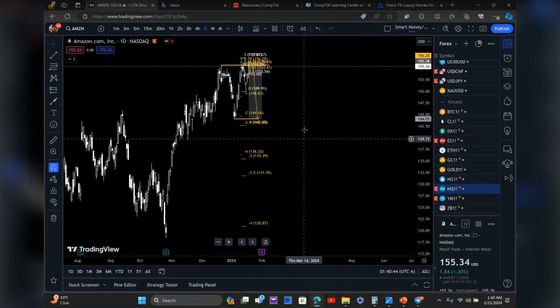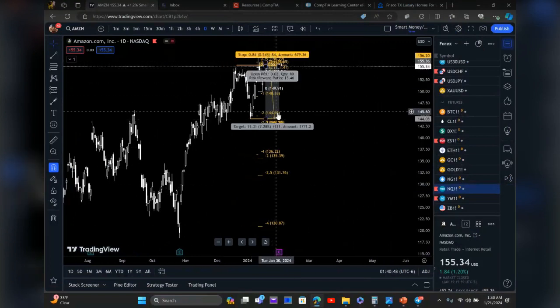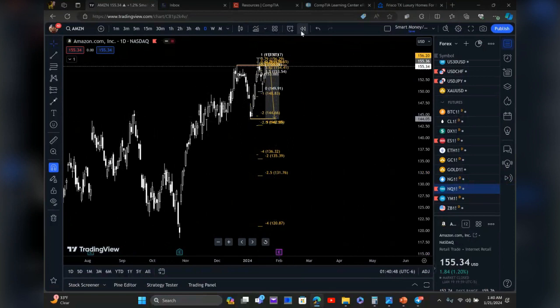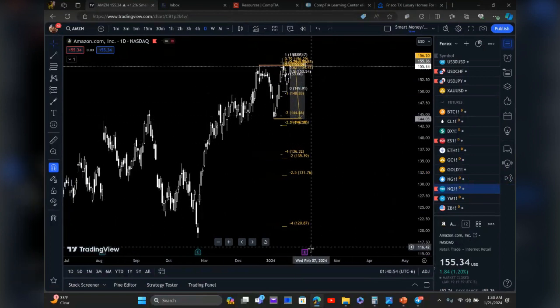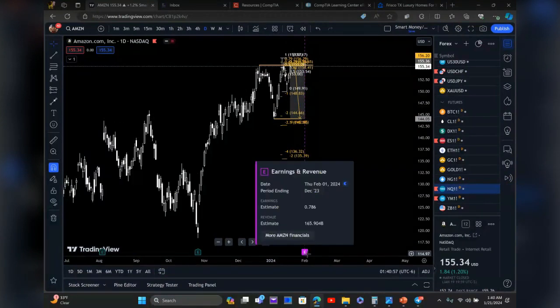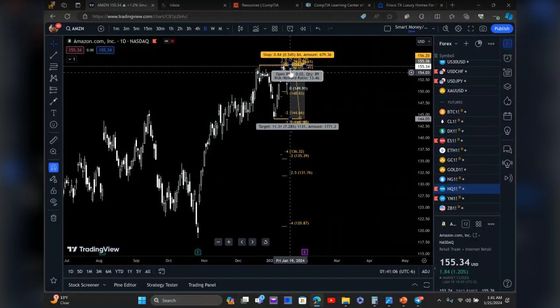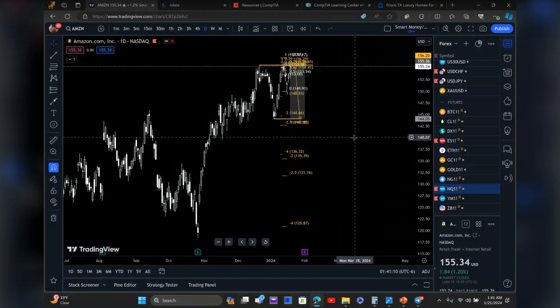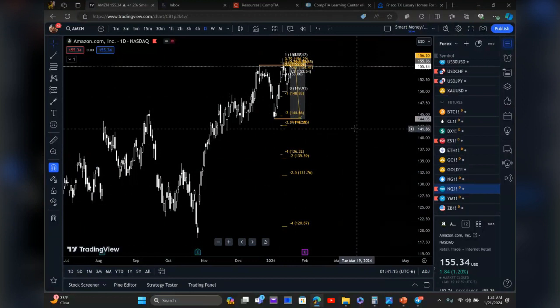I'm wondering if this is going to come all the way down, take out liquidity, and then shoot up for earnings. Or maybe earnings won't be as good as we think. It's going to drop. All right. But for now, we're going to see.